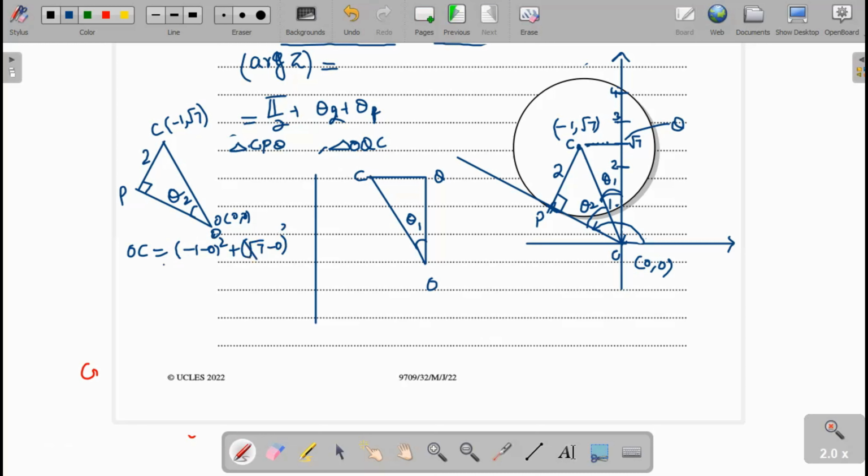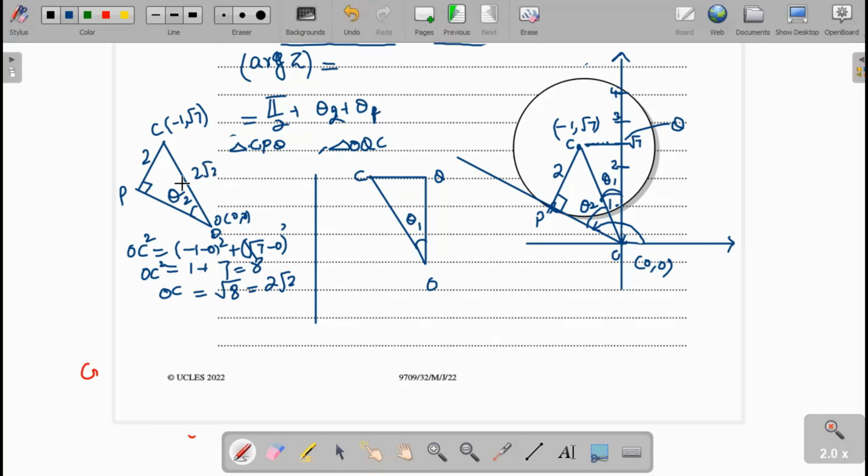Now, on the calculator, we can calculate it. This answer is OC squared, and OC squared will be equal to 1 plus 7, equal to 8. OC will be equal to square root of 8, and we can write this length as 2 square root of 2.